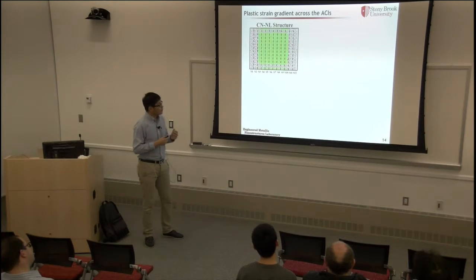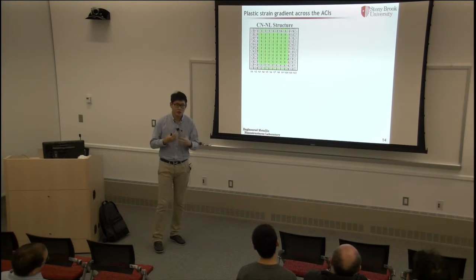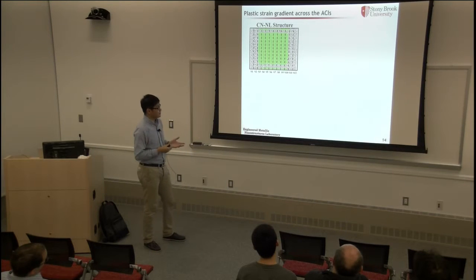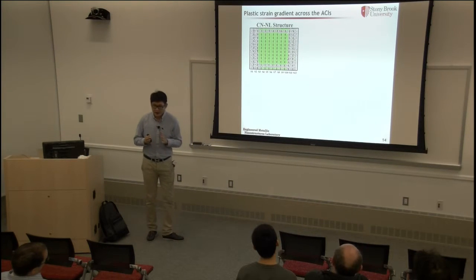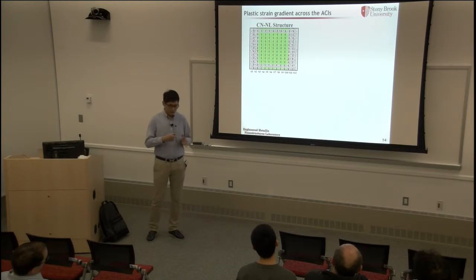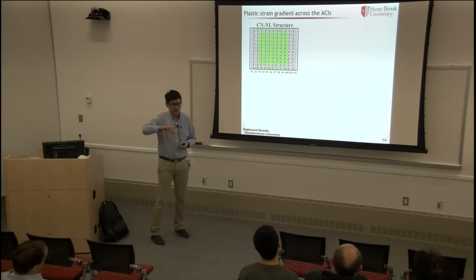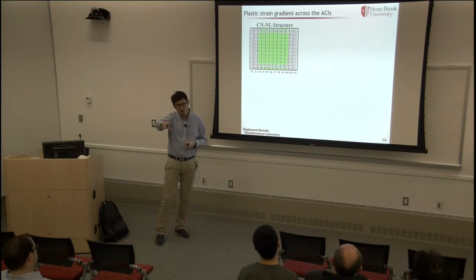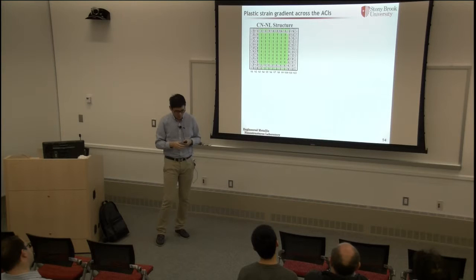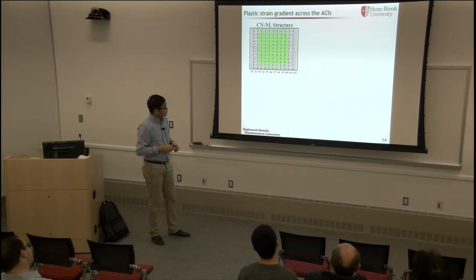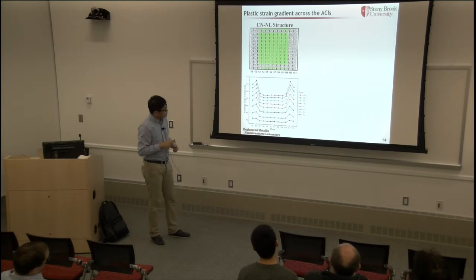So then, in order to quantify this strain gradient, we use slice analysis, where the structure is divided evenly into 12 slices from S1 to S12, and this picture is the nanolaminate structure rotated along the x direction by 90 degrees. And then we calculate each slice's average slip vector value and map it as a function of the slice number.